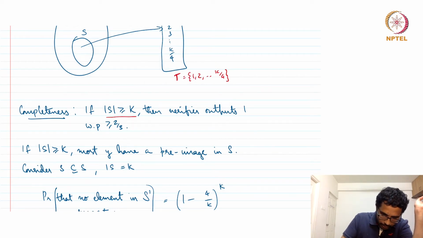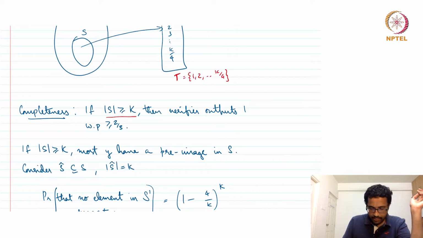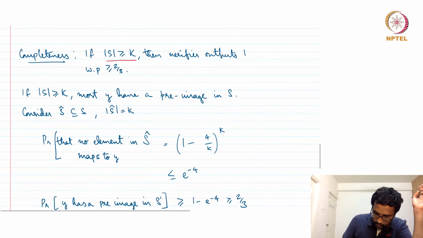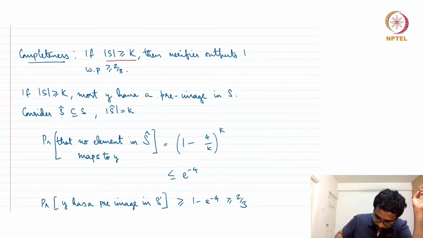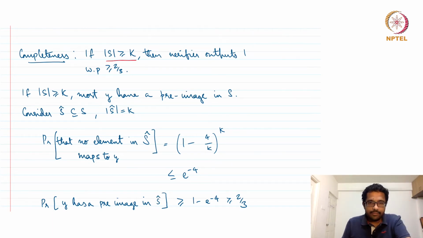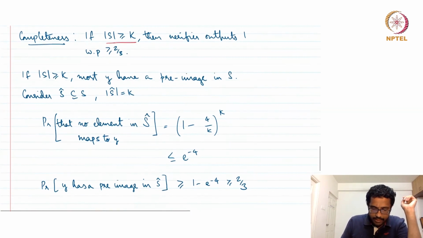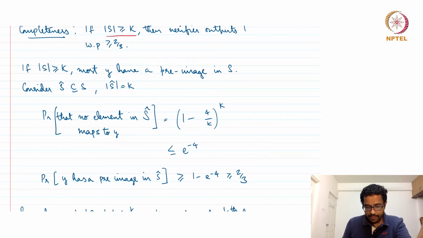So to see the probability, consider S hat, which is a subset of S. So suppose S is at least K, right? So consider S hat as a subset of S, where S hat is of size exactly K. Now what is the probability that no element from S hat maps to Y?